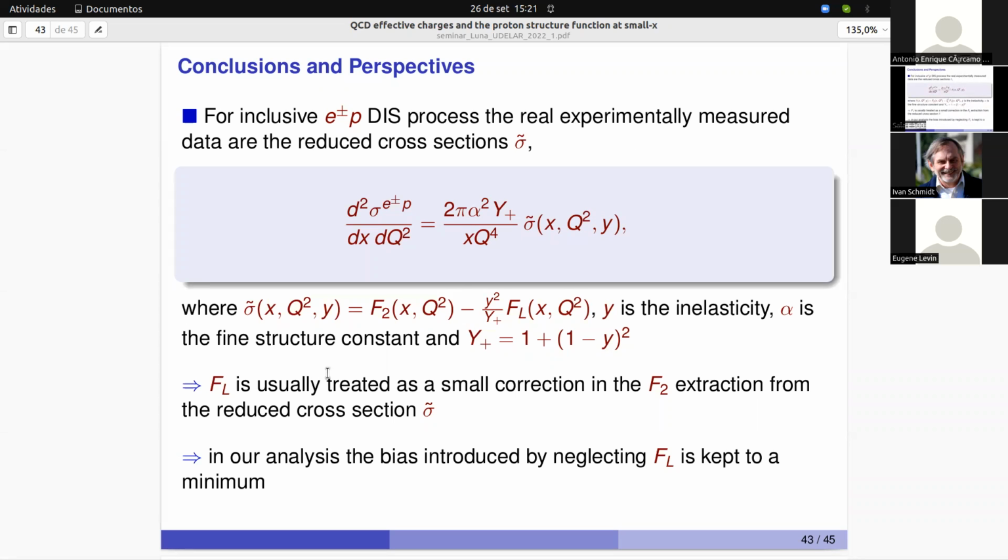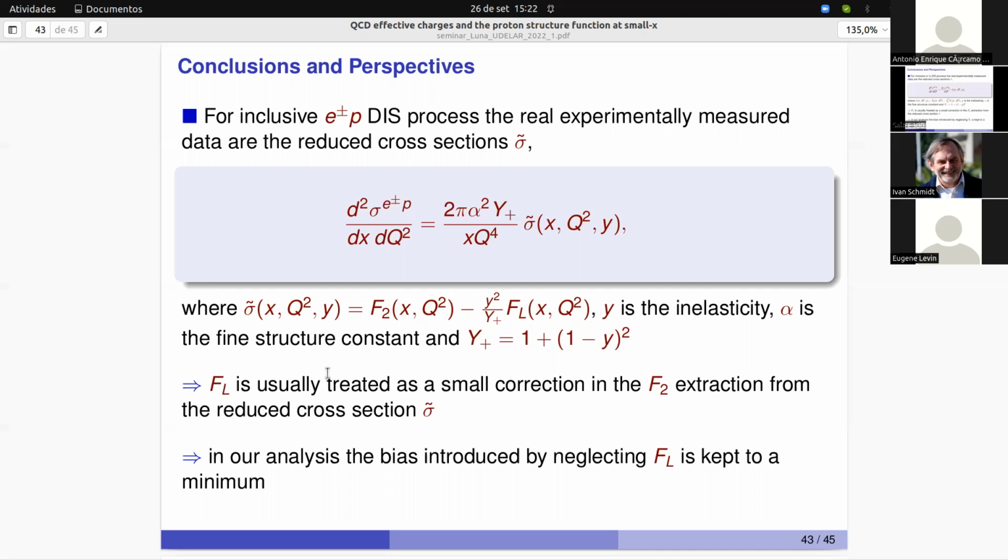We have used only the data that we know from the experimentalists, basically only F2, because what is observed in the laboratory is the reduced cross section, which is always a combination of F2 and the longitudinal structure function.